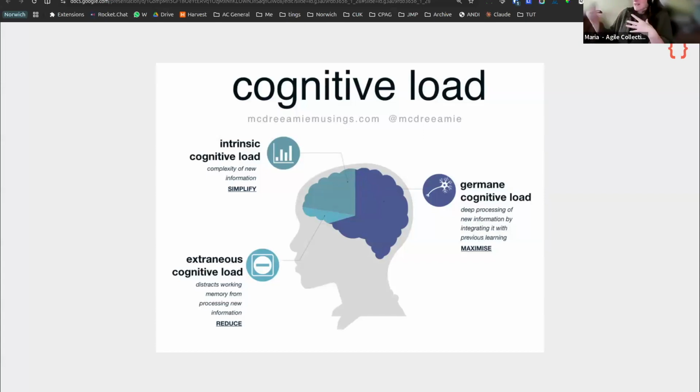Maybe I'm already distracted or there's loads of stuff going on around me. That's also taking a lot of my brain capacity at the moment. And then germane cognitive load is how we're linking anything that's new to stuff that we already have banked in our brain. So relating new things to things that we've already learned.